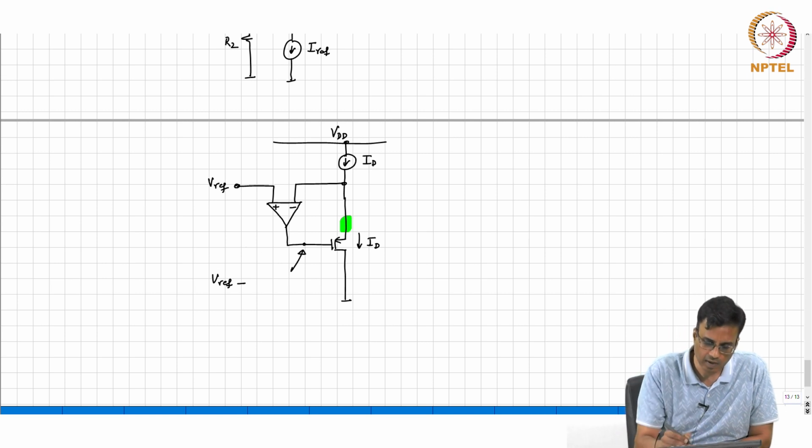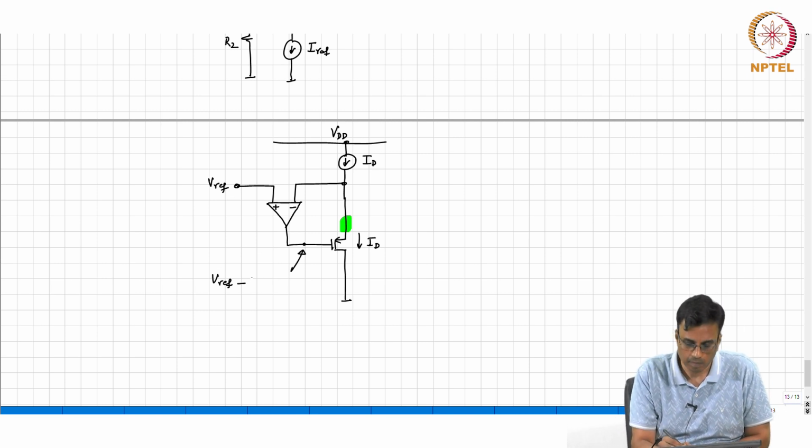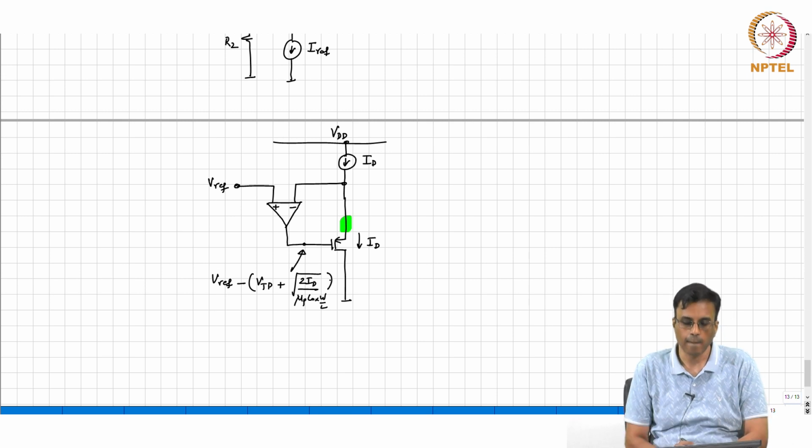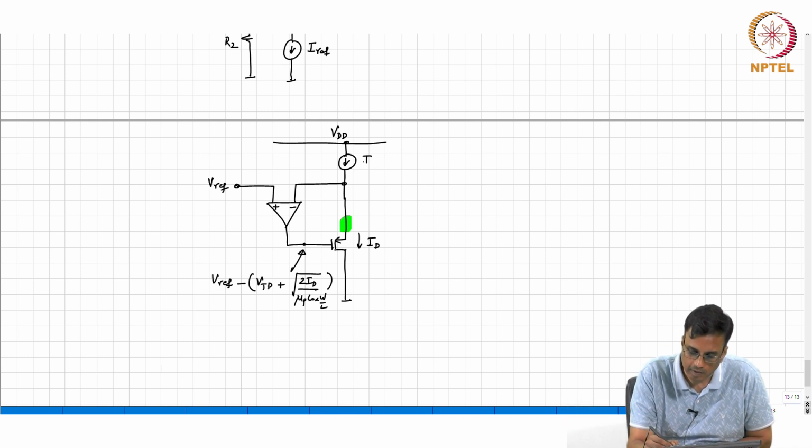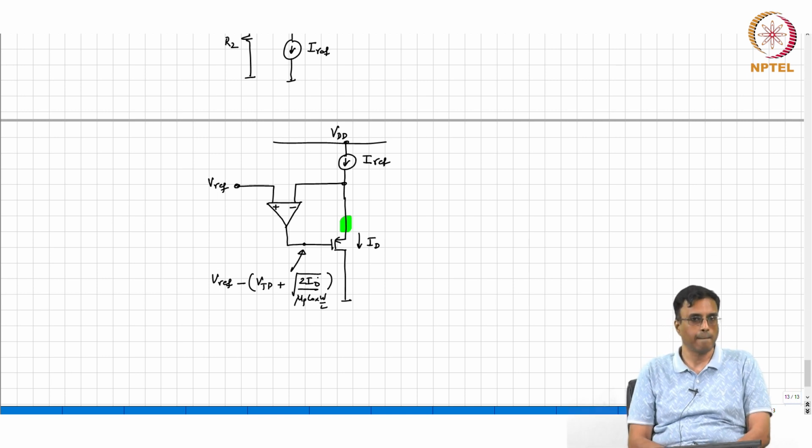So, it is minus. Yeah, VTP plus square root of 2 ID over mu P C ox W by L. All right. This is Iref. ID is equal to Iref, so that is fine.